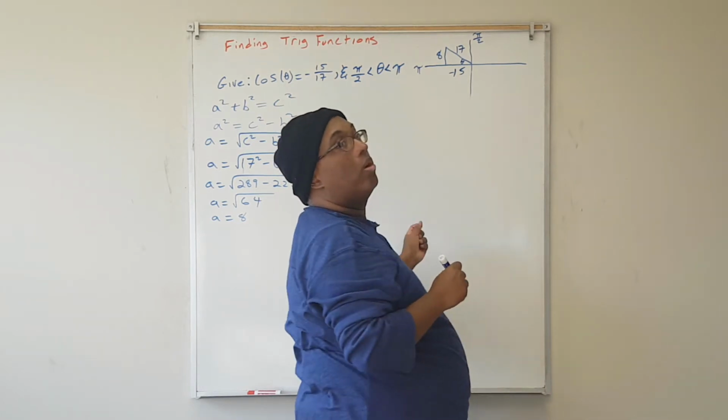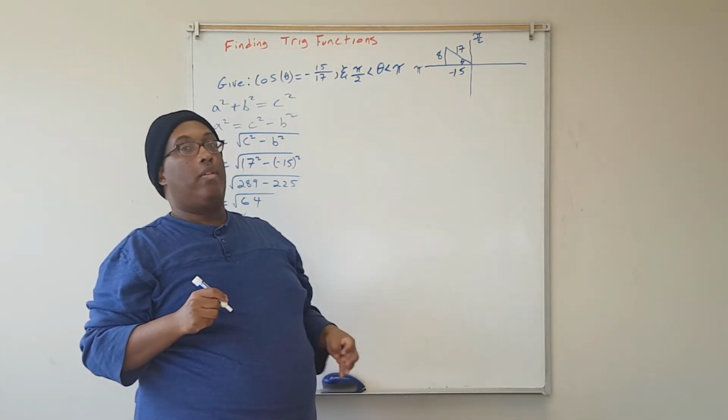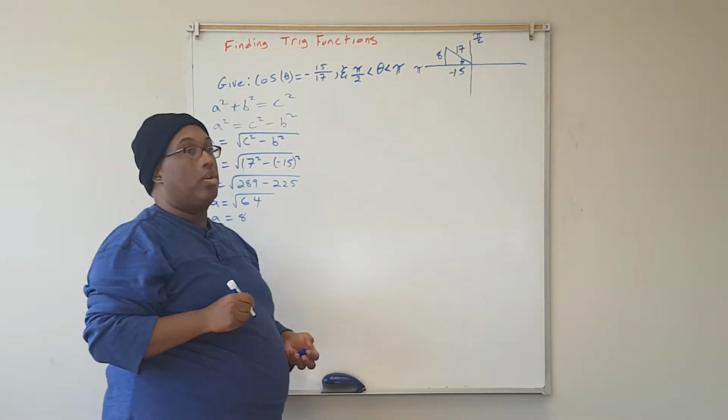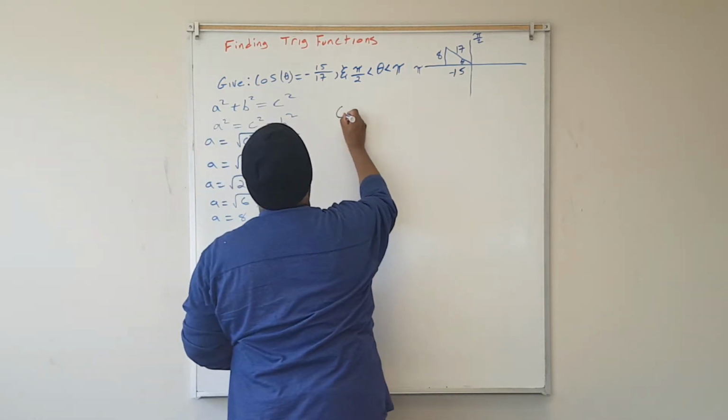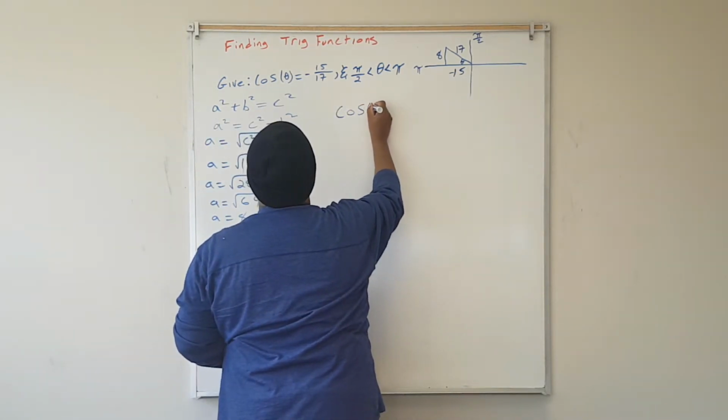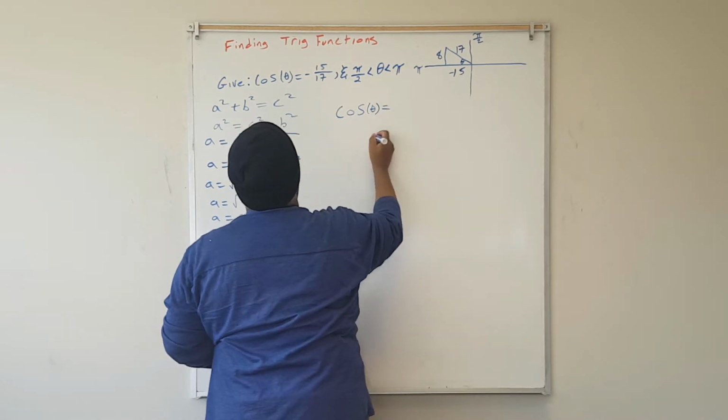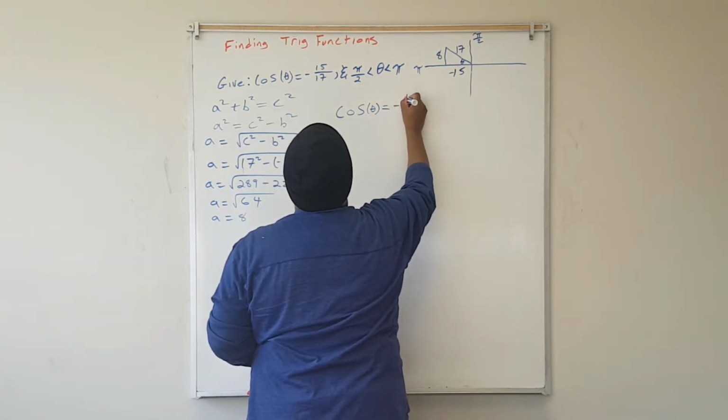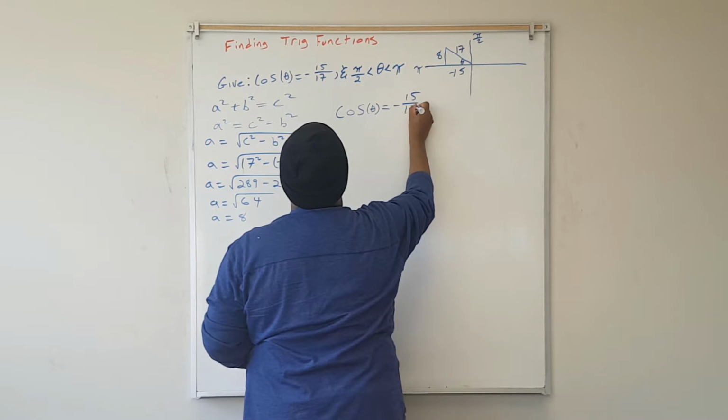Now that we labeled all the sides of our triangle, we can find our trig functions. Cosine theta is given as negative 15/17.